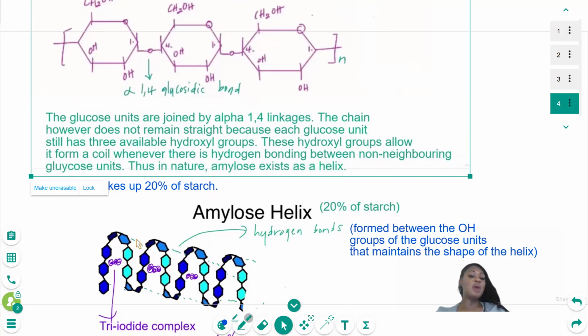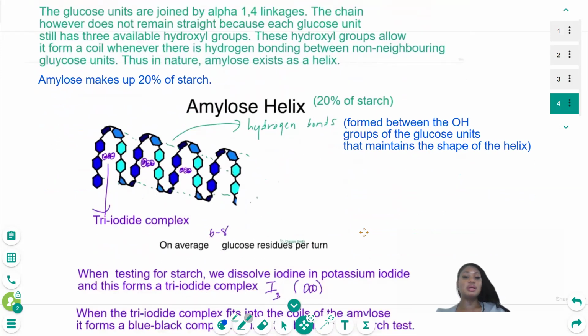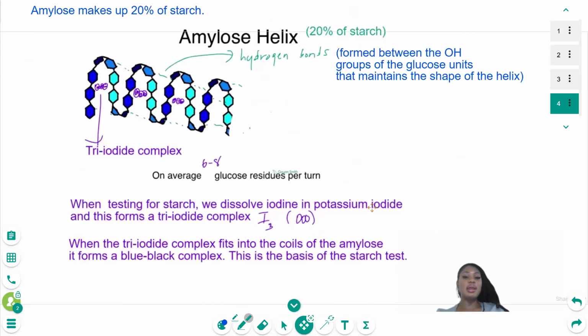And if you have these hydrogen bonds forming for every 6 or 8 glucose units, that's what ends up causing it to form this coil, right? And what you're seeing in the coil, what I've drawn here, are some iodine complexes, and I'll explain to you why I've drawn the iodine complexes there.